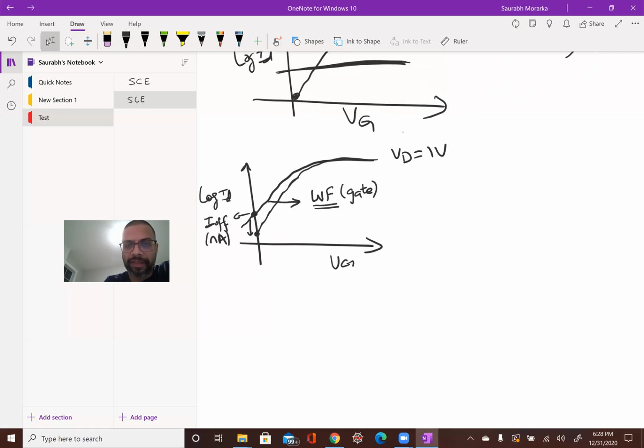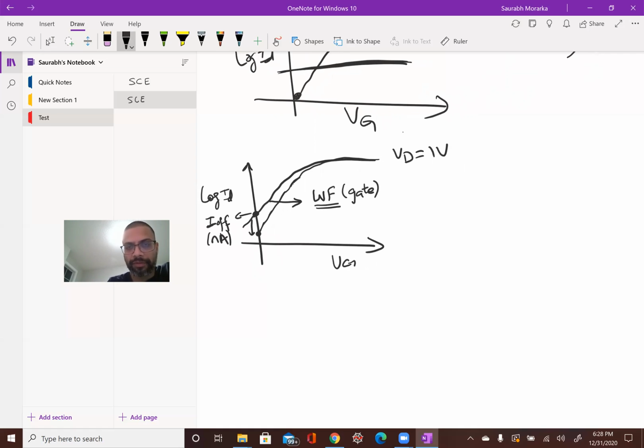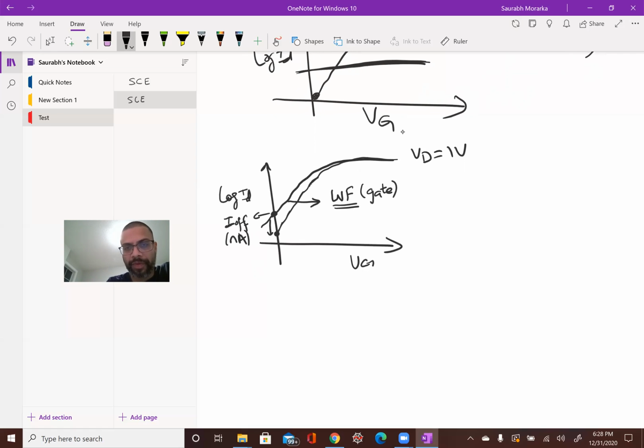What that means is that this curve will now start to look more like this. So I will draw a dashed line for that. Correct? So in both cases, with a good short channel effect and a bad short channel effect, we finally managed to reach the same leakage condition, right?